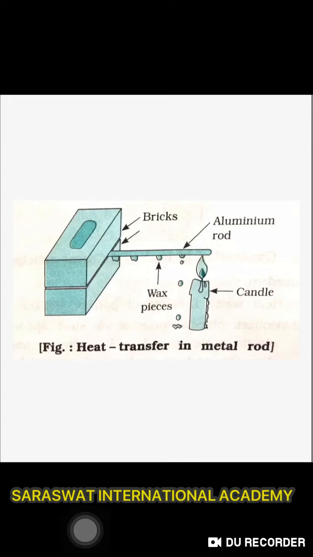From this, we can conclude that heat travels in metal through conduction. Heat flows from the hotter end of the object to the colder end. So, conduction is the process by which heat is transferred from the hotter end to the colder end of an object.